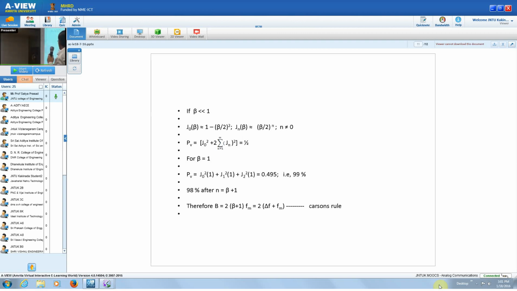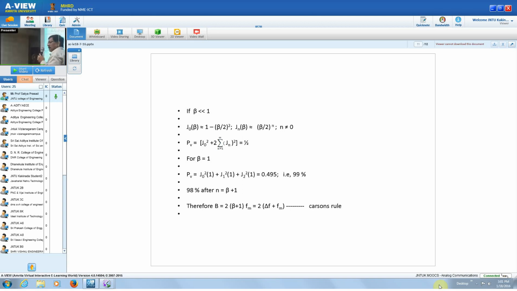Then what is that PV that we are going to get? If you take from the Bessel tables, the value that we are going to get is 0.495. That means 99% energy is passed if you have these two sidebands J1 and J2.